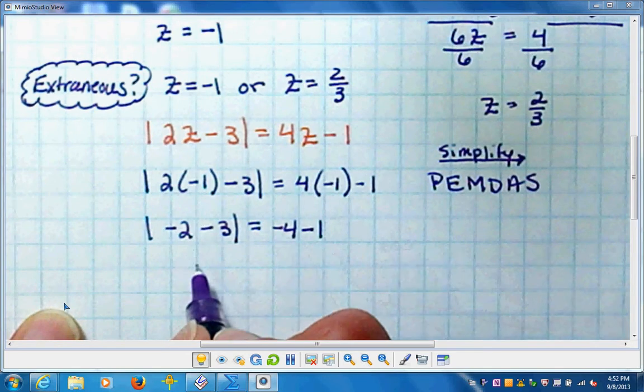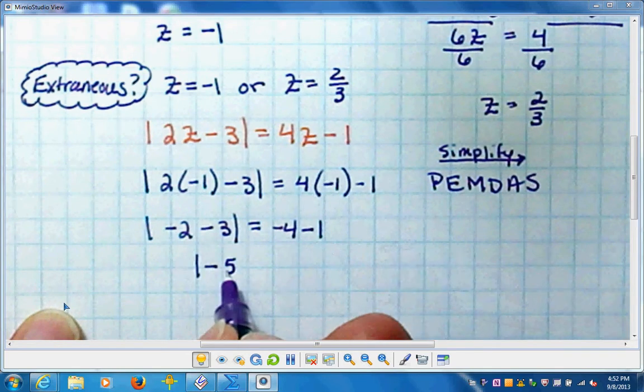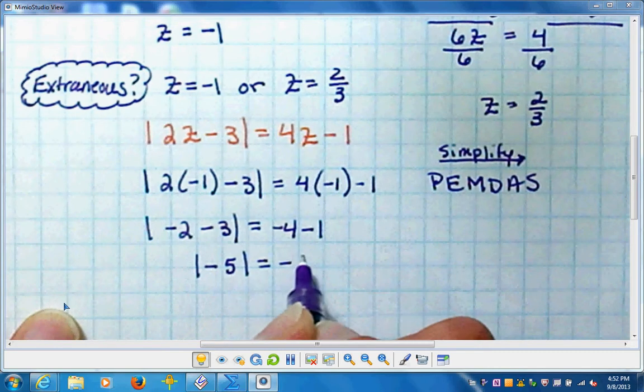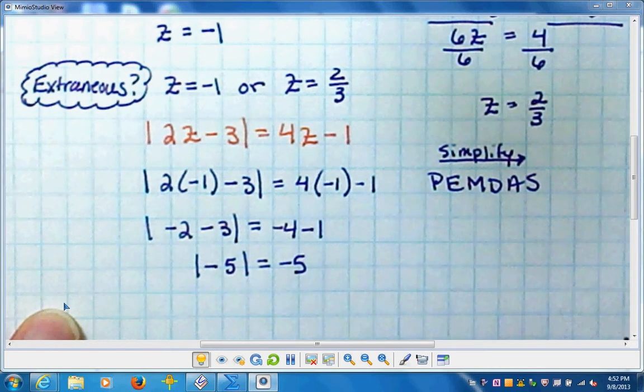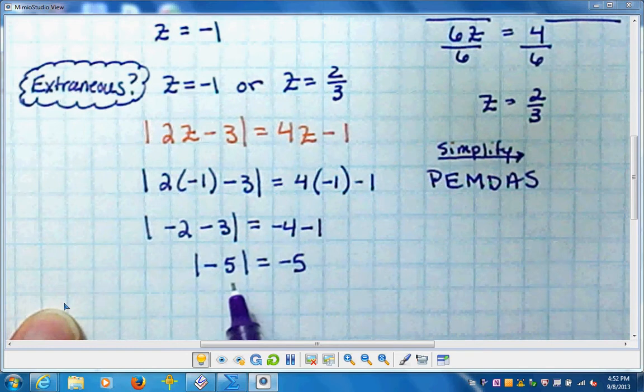So that gives me the absolute value of -5 equals -5. What's the absolute value of negative 5? Remember, absolute value is a measure of distance.